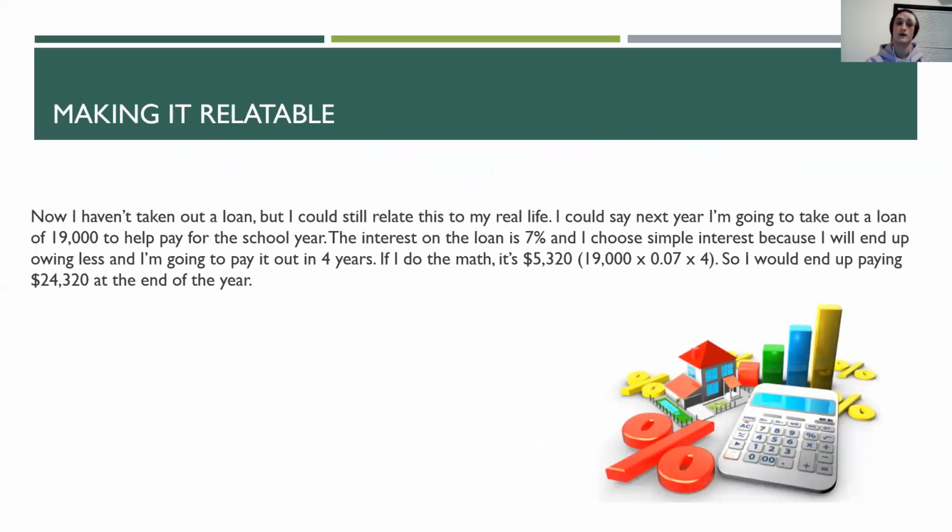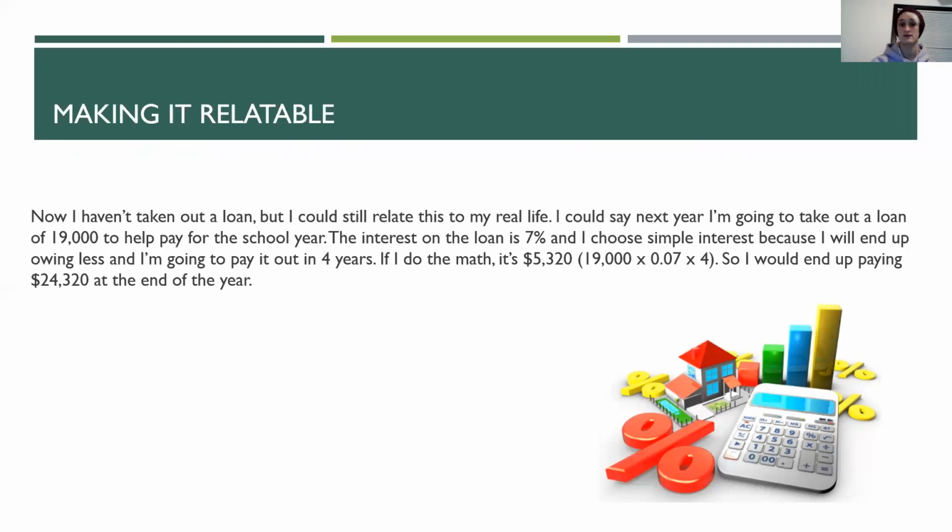Now, to make it relatable to my life, I haven't taken out a loan in my lifetime yet, but I can say that I'm going to. Next year I'm going to take a loan of 19 grand to help pay for the school year. Let's say the interest on that loan is 7%, and I choose simple interest because I know I'll end up owing less in the end, and I'm going to pay it off over 4 years.